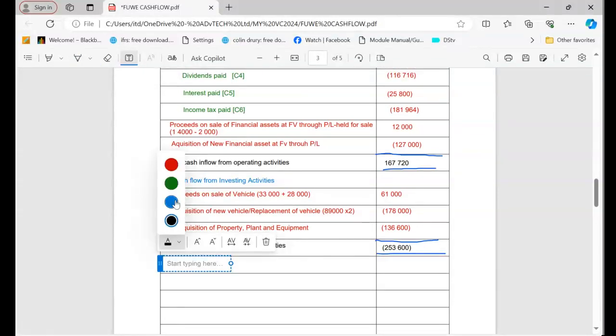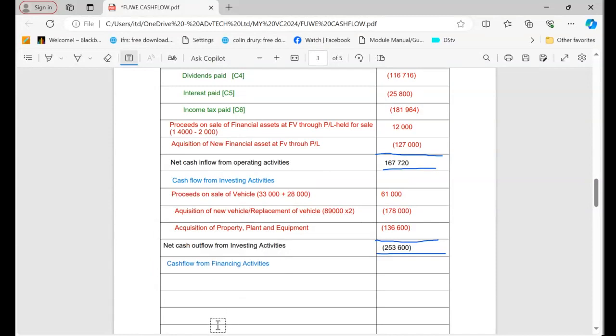That section is going to be cash flow from financing. Are we together? Yes.